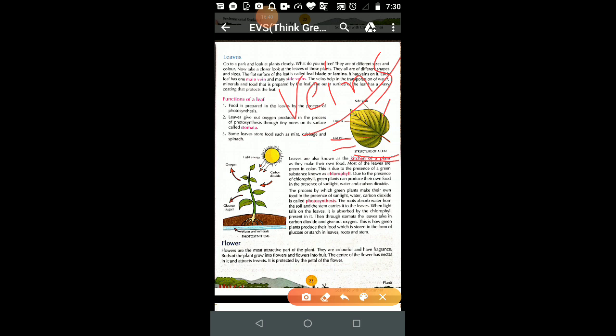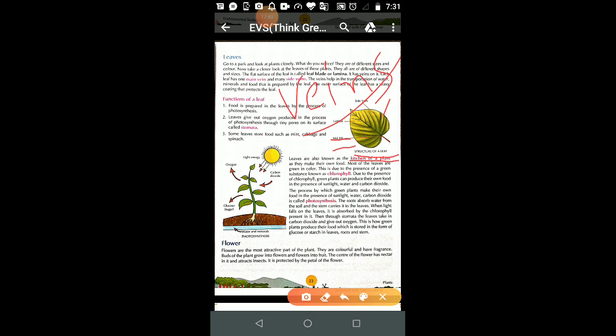These veins act as a pipeline which carries water, minerals and food up and down in a leaf.